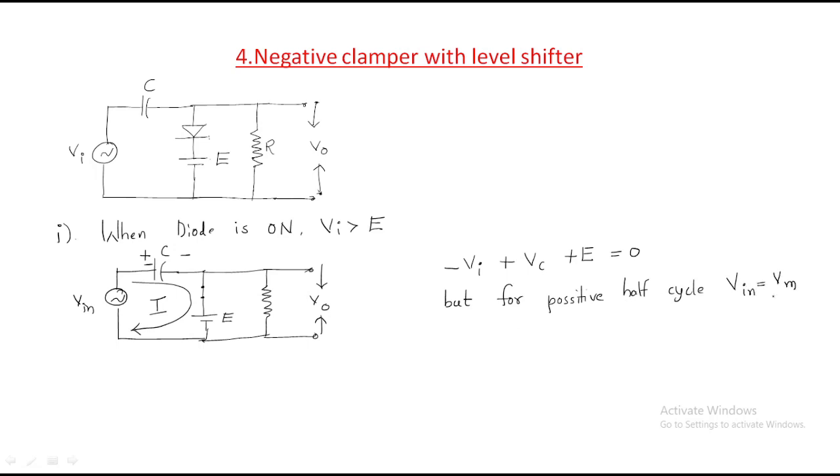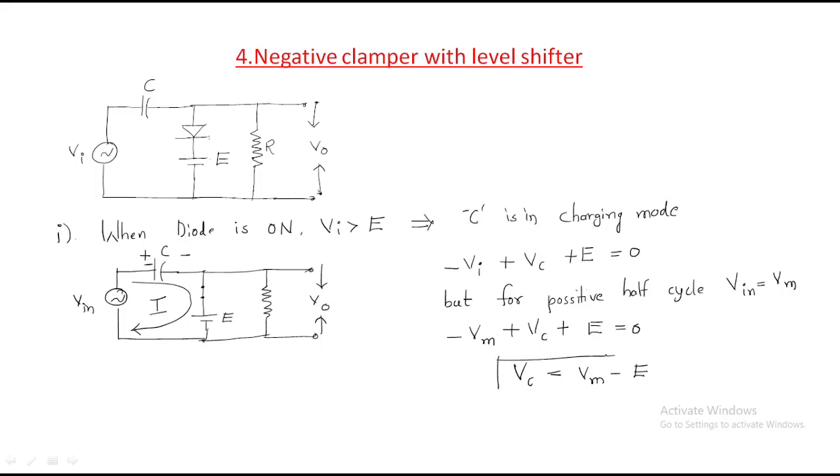So we substitute the input as VM: VM plus capacitor voltage plus E. And you have to note that the capacitor is in charging mode only when the diode is on. So now you can write the capacitor voltage VC equals VM minus E. VM minus E.